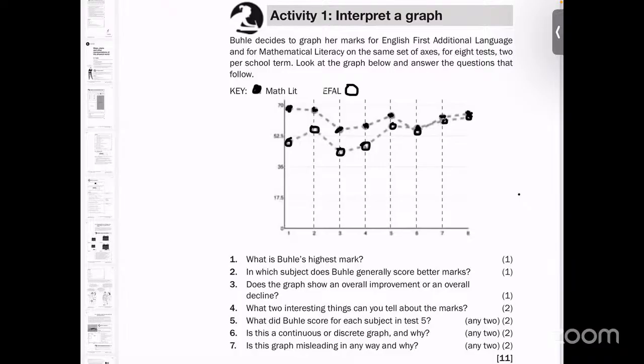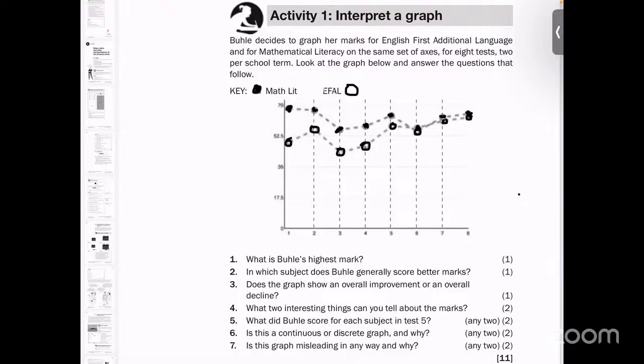An interesting trend, for example, you can see that maybe on test one, it looks like there was a big gap in terms of the performance between the two subjects in the beginning. Obviously, that would be test one.